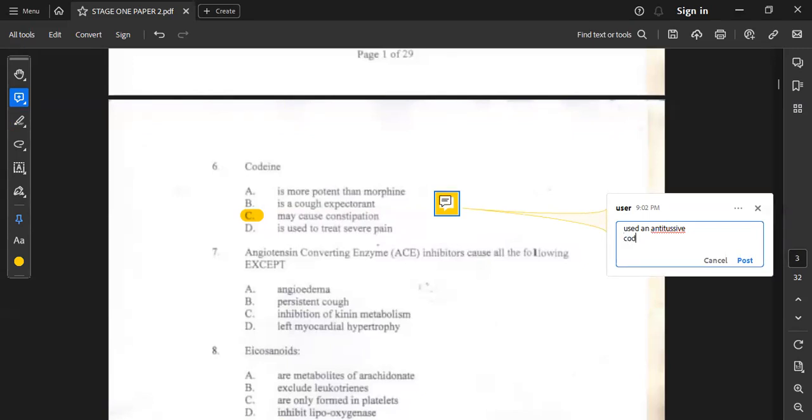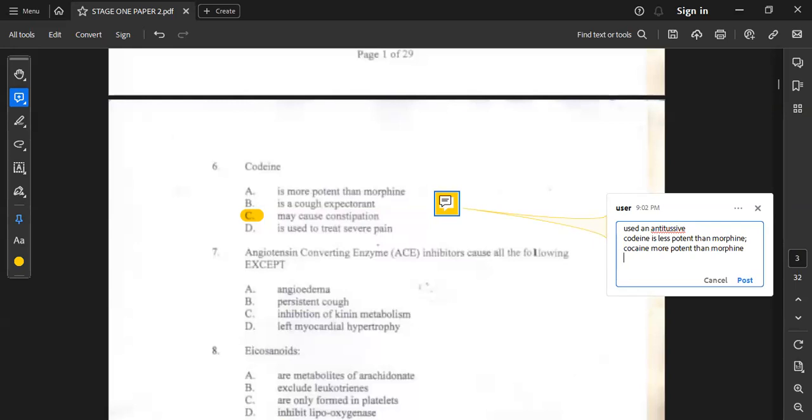Codeine is not more potent than morphine, but cocaine is more potent than morphine, because it has two acetyl groups, which morphine doesn't have.